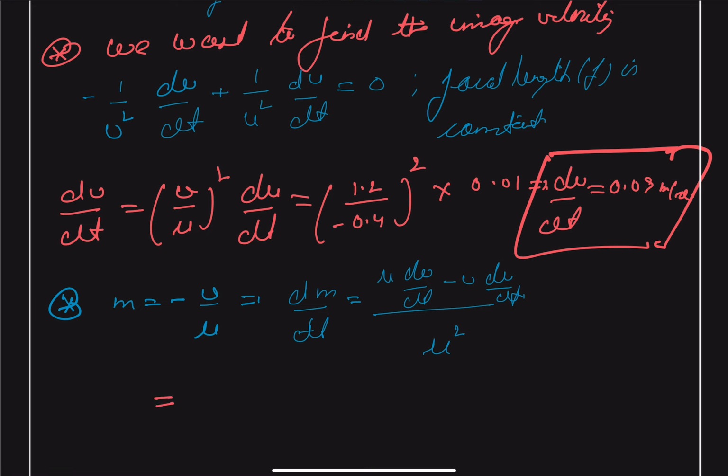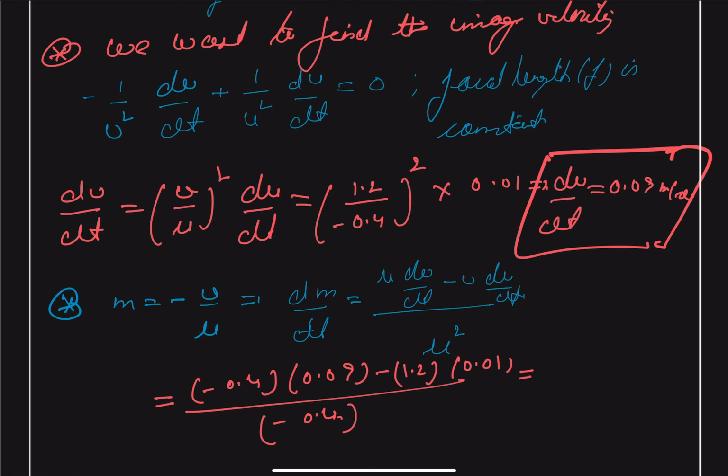So we substitute it, and u is minus 0.4, and dv by dt we just found is 0.09, minus v is 1.2, and we have our du by dt as 0.01, and this comes as minus 0.4 meters.